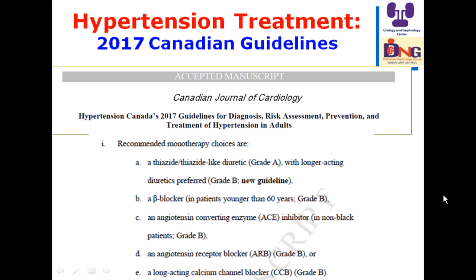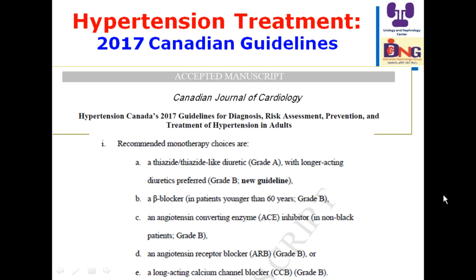Recommended monotherapy, after adopting healthy lifestyles for all, exercise and diet: we can start with monotherapy. Thiazide-like diuretics, this is grade A evidence. A longer-acting diuretic is preferred, like chlorothalidone or indapamide, as I'll mention in the diuretic section. Grade B: alpha blockers in patients younger than 60 years.